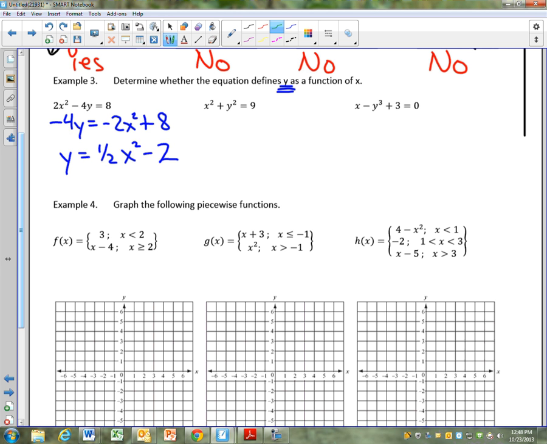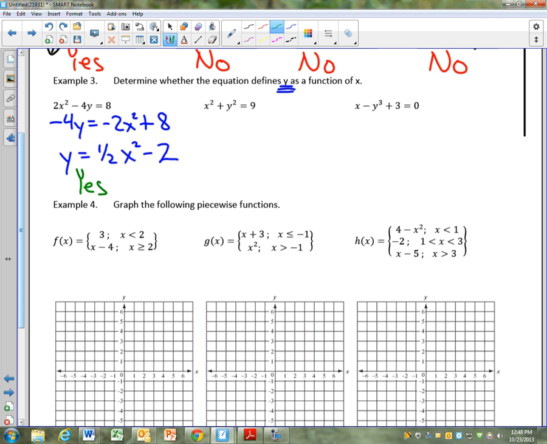If I plug in a value for x, give me a number, any number. 3. 3 squared is 9, times 1/2 is 4.5, minus 2 is 2.5. Do you ever wonder about plugging in a number and coming up with more than one value for y? Doesn't matter what we plug in, we only get one result, right? So therefore, this is a function because we only get one result.